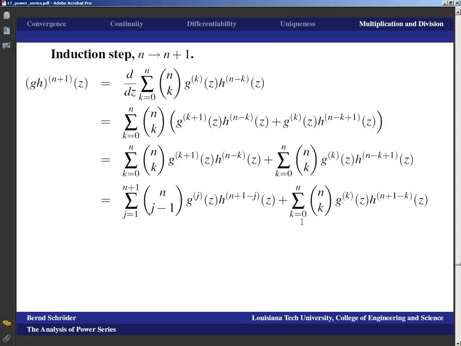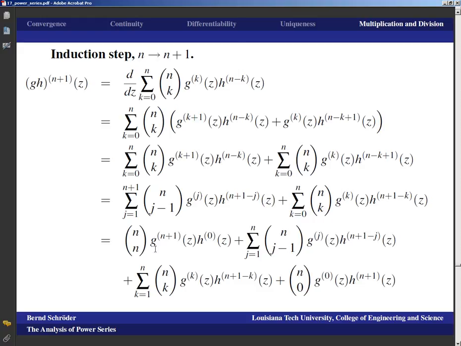In order to combine those sums now, we must have sums that start at 1 and end at n, so we split off the term with index n plus 1 here, which gives us n choose n, because n plus 1 minus 1 is n, g n plus 1 of z, and h 0 of z, plus the sum where we're now only going from 1 to n rather than from 1 to n plus 1, plus the second sum where we go from 1 to n, and then plus the 0th term where we plug in k equals 0 and you get this last term split off.